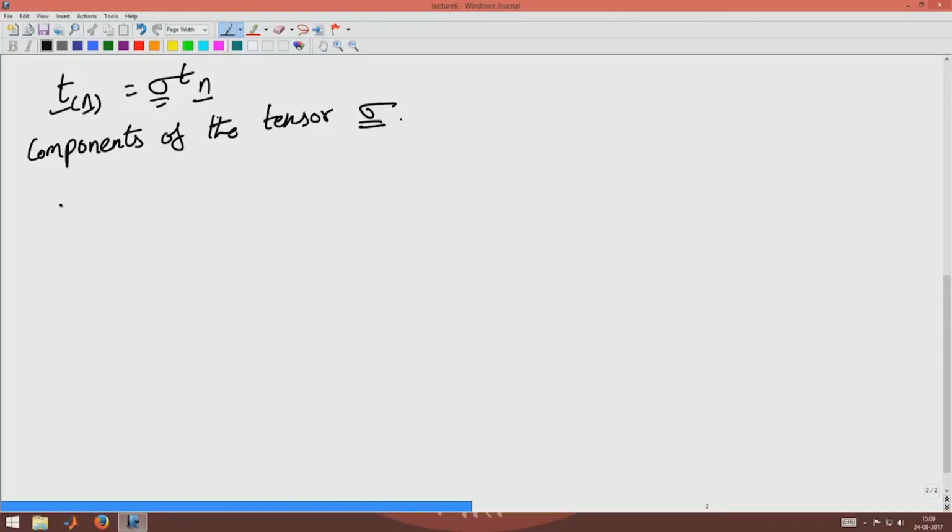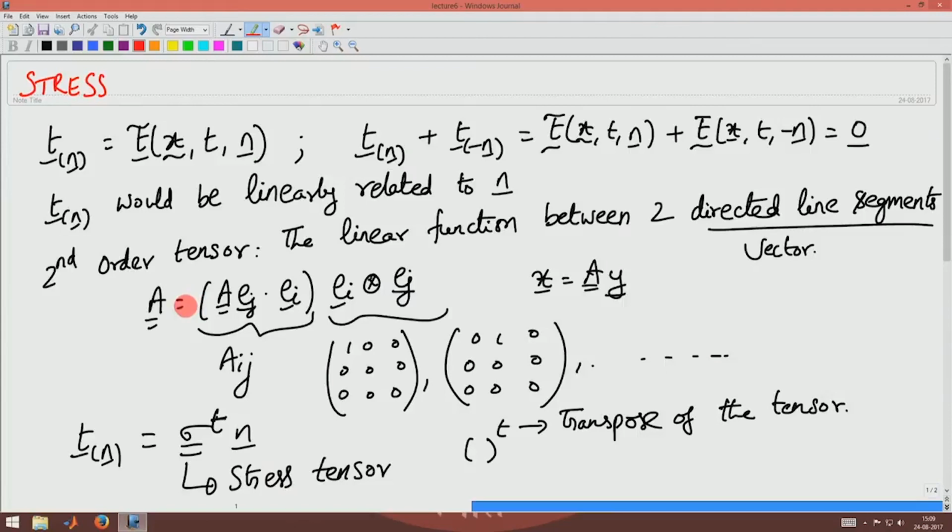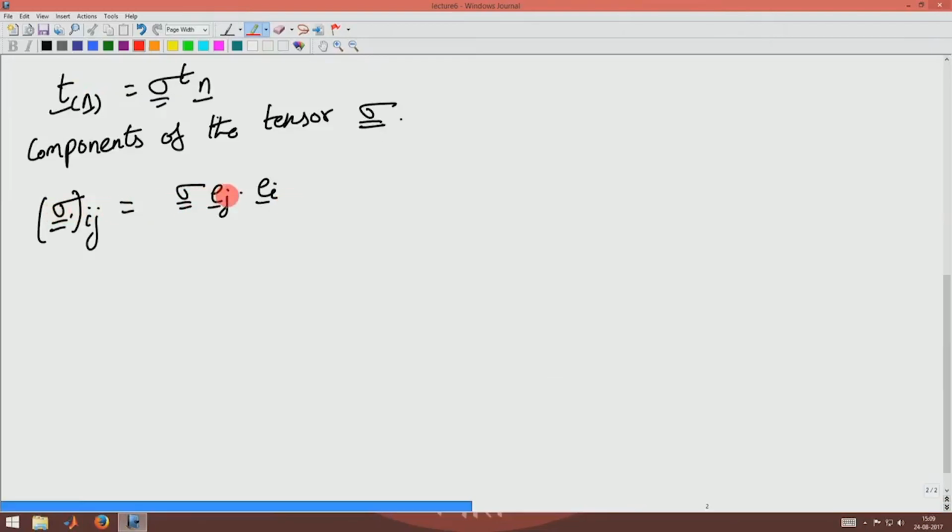So, what is sigma ij? Sigma ij would be sigma ej dotted with ei. Going back to the definition of the tensor, A ij is A ej dotted with ei. We find that sigma ij would be sigma ej dotted with ei.